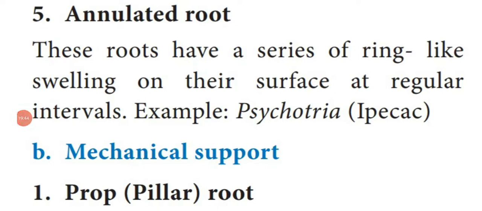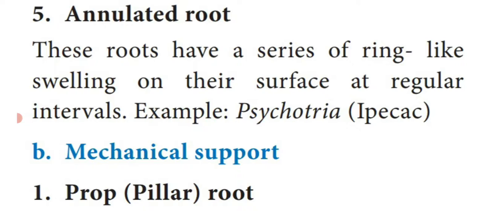Dear students, next we are going to see the last type of adventitious root system for storage, that is annulated root. The roots which show a ring-like appearance, with swelling on the surface at regular intervals.